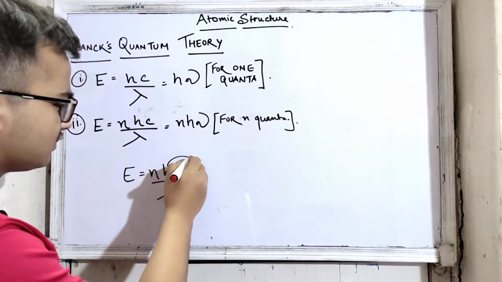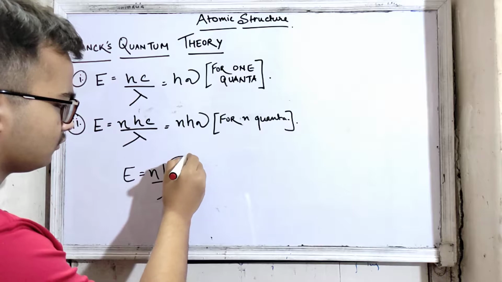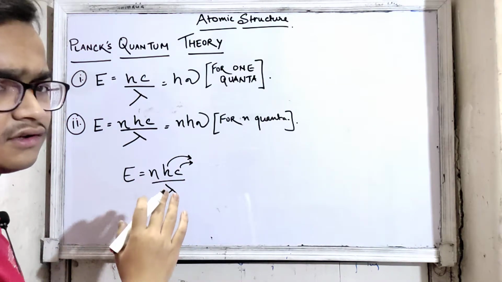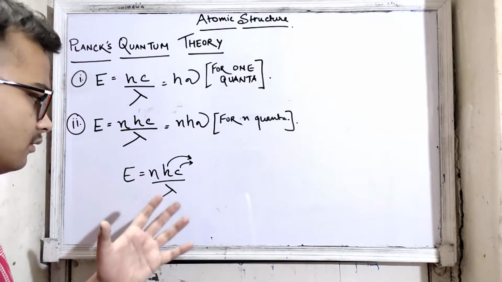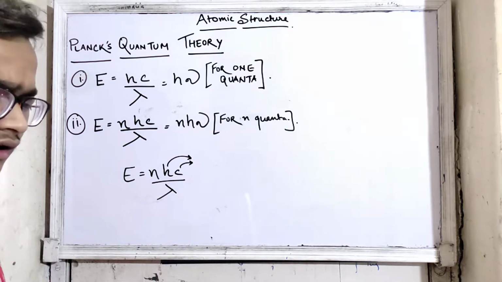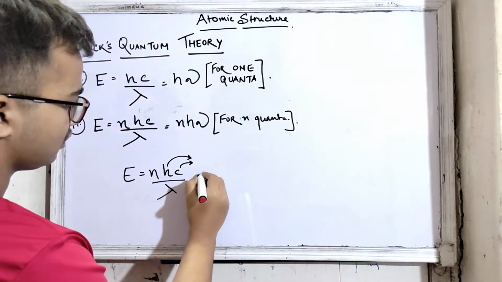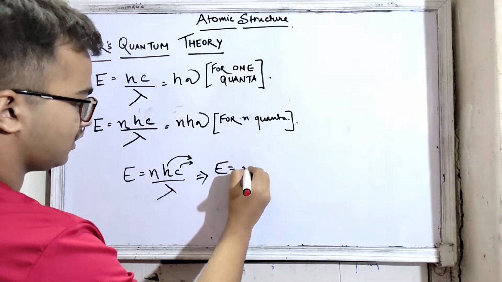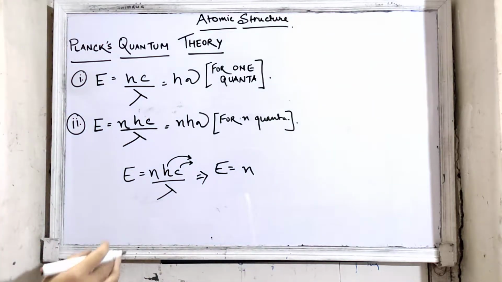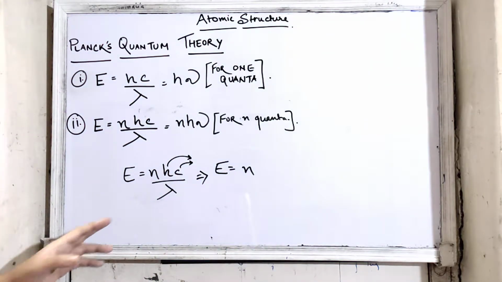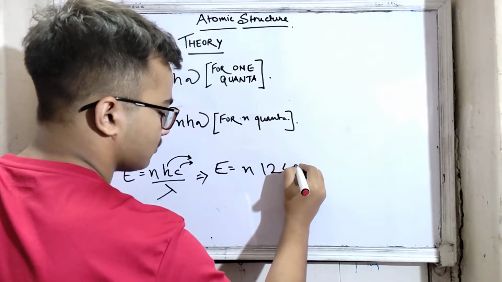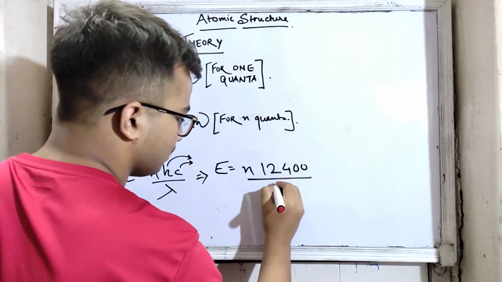Since both of these are constant, after calculation, the product of these two, the Planck's constant and the speed of light, the formula becomes E equal to n, and I will write the product of these two values h and c. It is coming equal to 12400 by lambda.